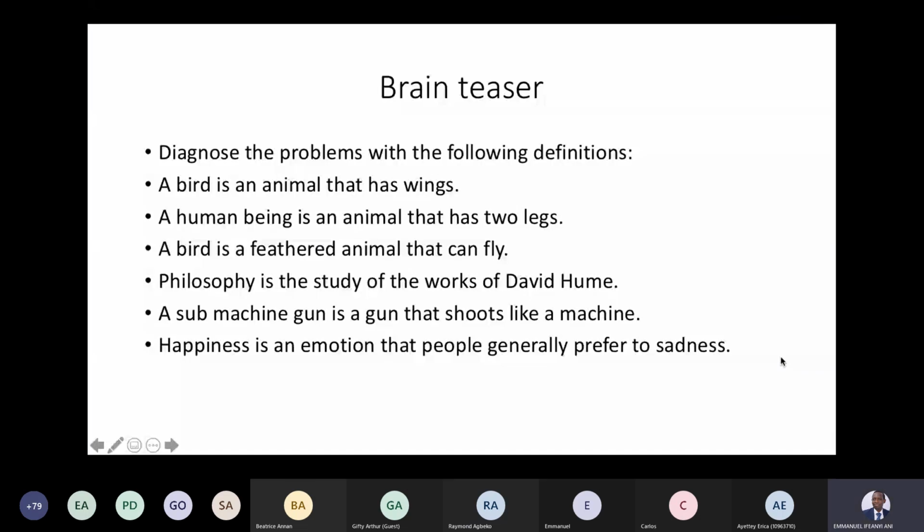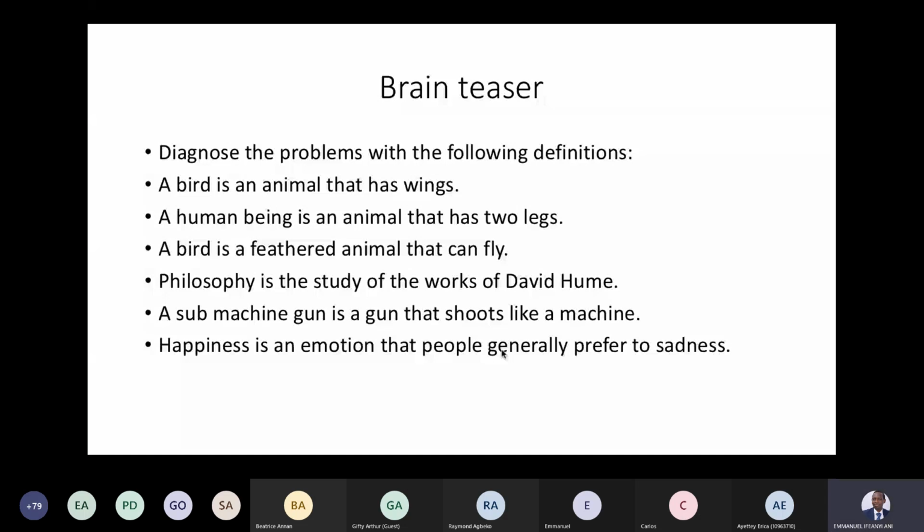Yeah, so a bird is a subset of all the animals with wings. So when you use all the animals with wings to define birds, then it is too broad.